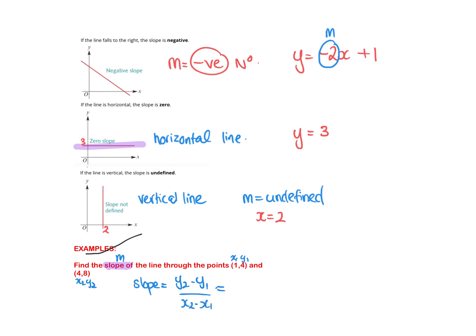And I'm going to say 8 minus 4 over 4 minus 1. So I get 4 over 3. So that's my slope. You don't have to change anything, just leave it like that, 4 over 3. If you change it to a decimal, that's okay too in general maths. So for that one, it'd be like 1.33 or something. But you can leave it in a fraction.